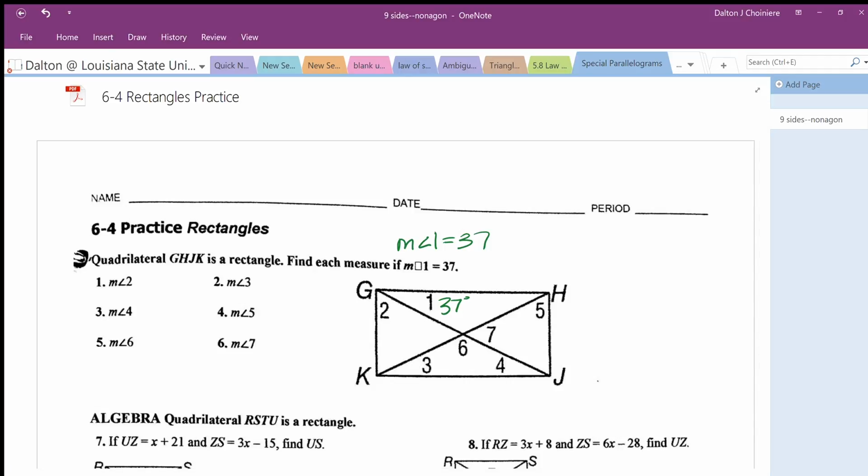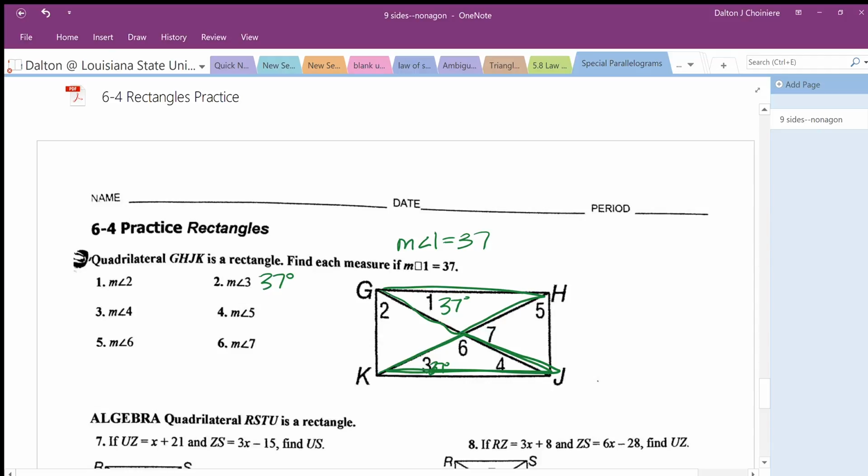So if angle 1 is 37 degrees, what else do we know? Did somebody say angle 3? Yeah, it's going to be 37 as well, because of all the properties we know about a rectangle, those two triangles are going to be congruent to each other. So angle 3 is 37 degrees as well.